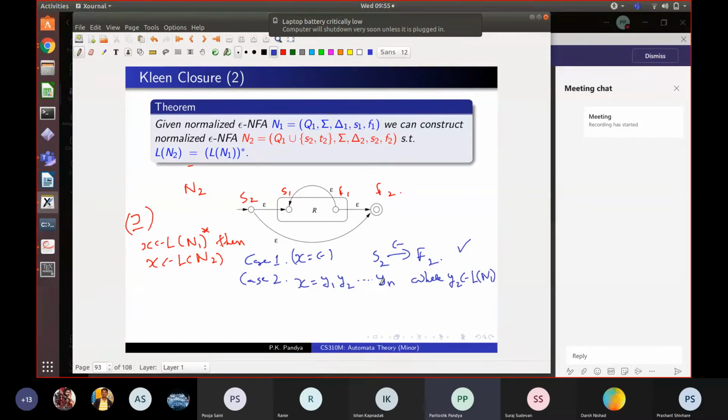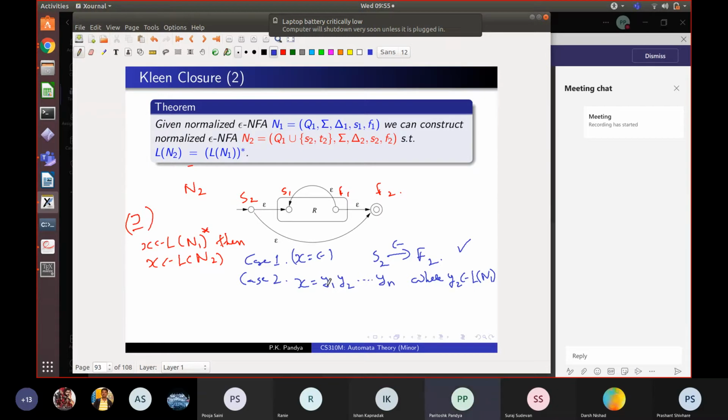You pick up different words, maybe the same word, maybe different words which belong to the language of N1, and you catenate them n times for some arbitrary n. So there exists some n and some subwords y1, y2, y3, yn such that their catenation gives you X, where each yi belongs to the language of N1. These are the only two ways in which a word can get into the Kleene closure of the language of N1, right?